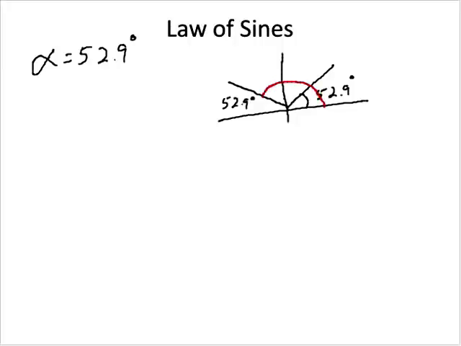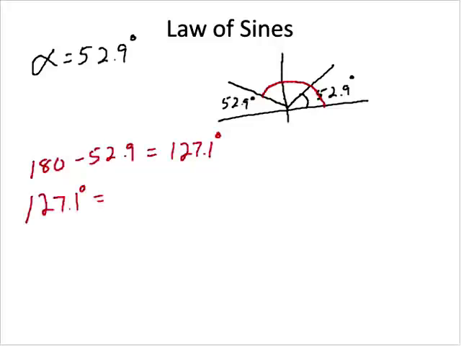So that second angle should really be 180 minus 52.9 degrees, which is going to get us 127.1 degrees. Now, if we say that alpha is 127.1 degrees, then when I add gamma plus alpha, gamma was 102 degrees, alpha we've just solved to be 127.1 degrees.